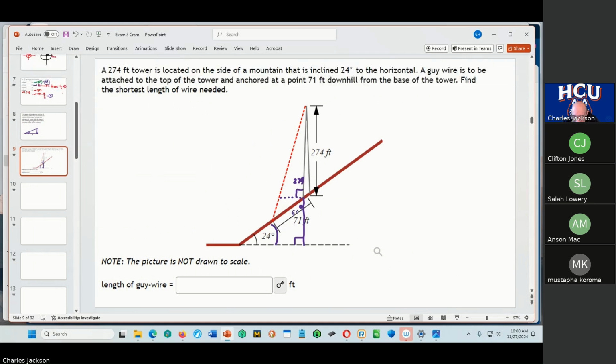So that's 66. This is also going to be 24 right here because it's the complement. Together it makes a right angle, just like that. So that's 24.